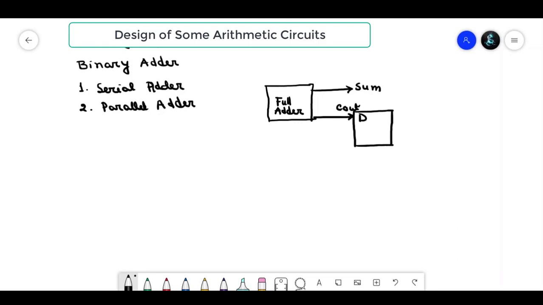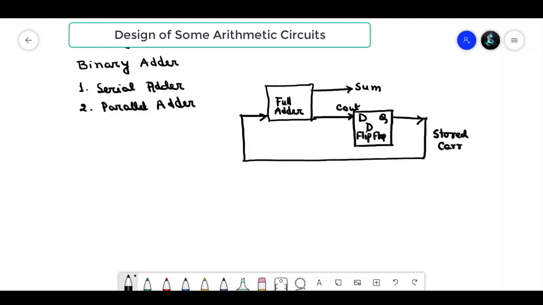This is the flip-flop input, and this is the output. This output will be fed back to the input of the full adder. So this is the stored carry that will be fed back.